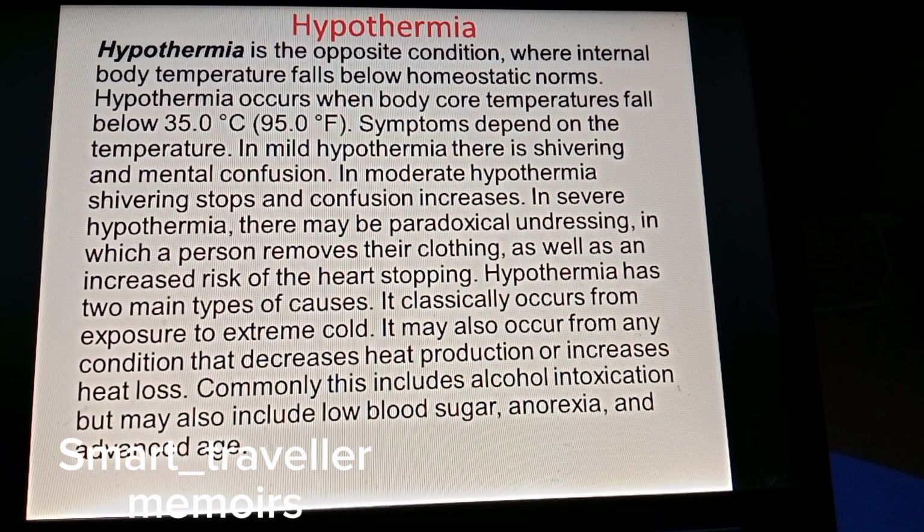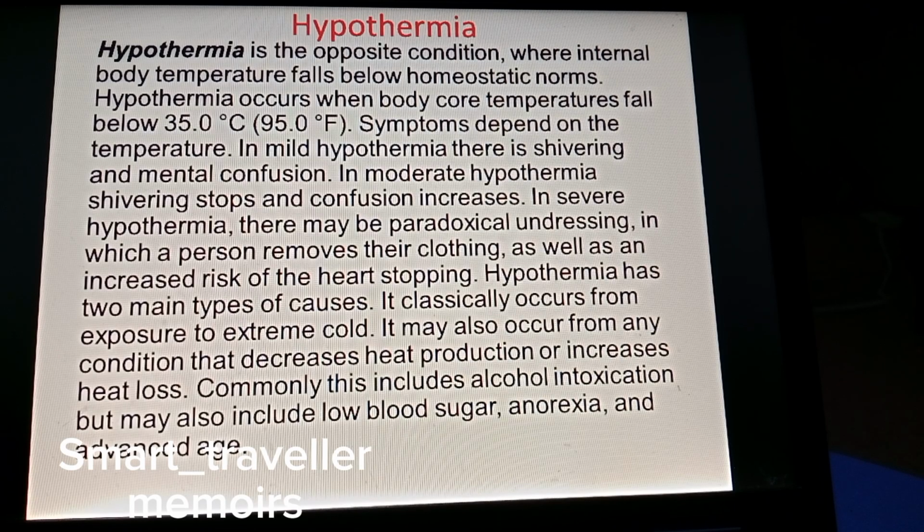Hypothermia. Hypothermia is the opposite condition where internal body temperature falls below homeostatic norms. Hypothermia occurs when body core temperatures fall below 35 degrees centigrade or 95 degrees Fahrenheit. Symptoms depend on the temperature. In mild hypothermia, there is shivering and mental confusion.